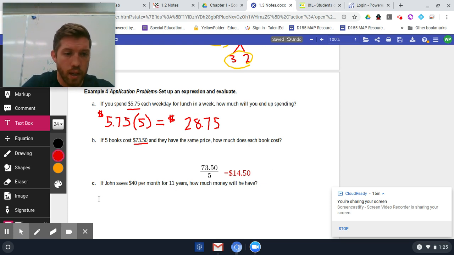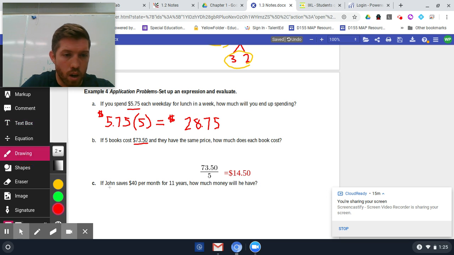The last one, if John saves $140 per month for 11 years, how much money will he have? All right, so we have $140 per month. Okay, so how many months are there in a year? Well, there's 12, so times 12. And then how many years is he doing it for?